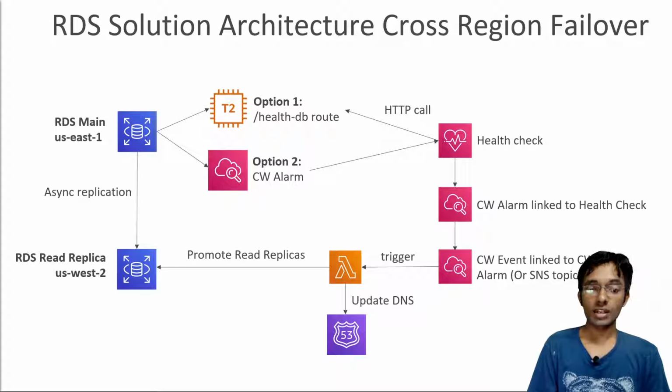These would be checked by Route 53 health checks linked to a CloudWatch alarm, which would trigger a CloudWatch event, and this event would trigger Lambda functions. Their role would be to update the Route 53 DNS for the database and also promote a read replica that is maybe in another region, for example, US West 2.